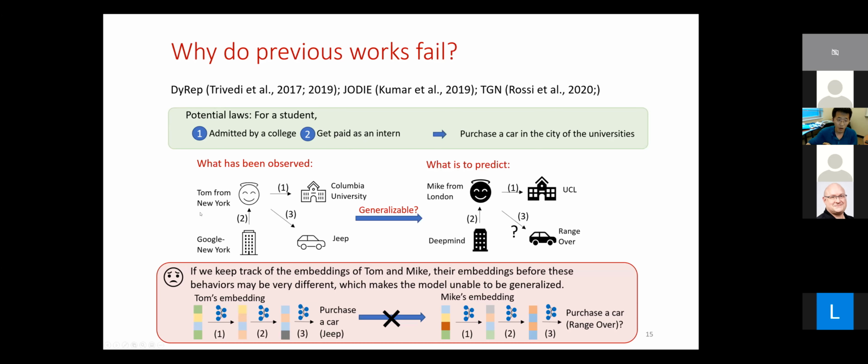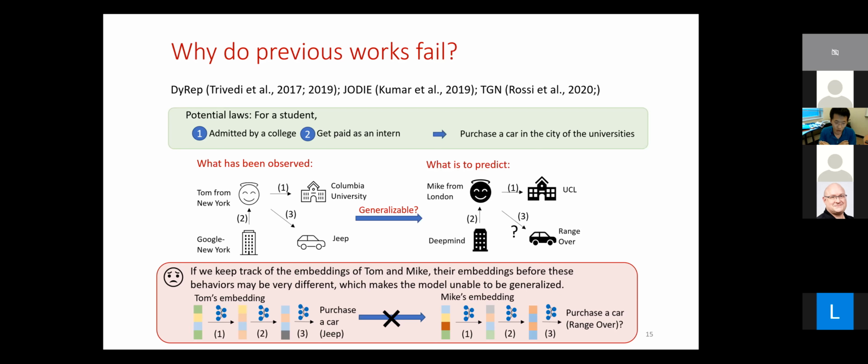We can imagine these two, Mike and Tom, have node embeddings recorded by the memory, and they will not be the same, because there are not two people in the world who have exactly the same history.